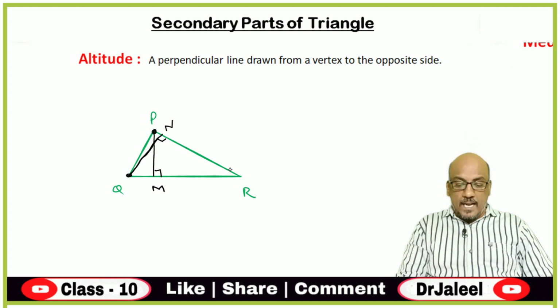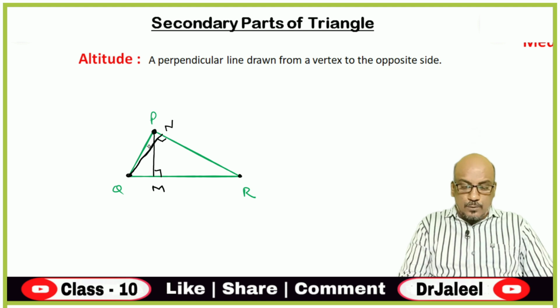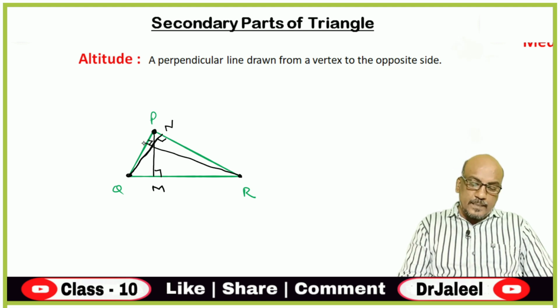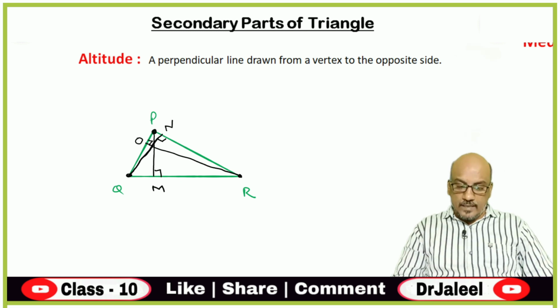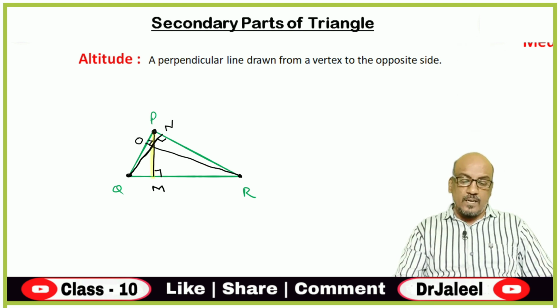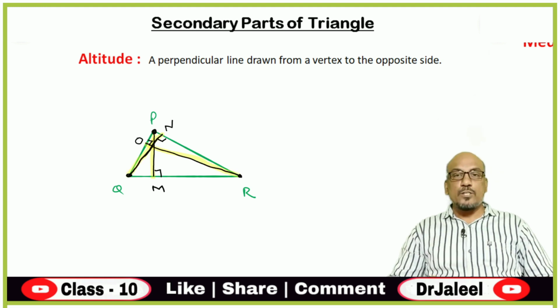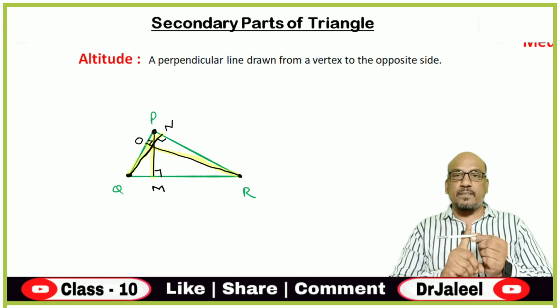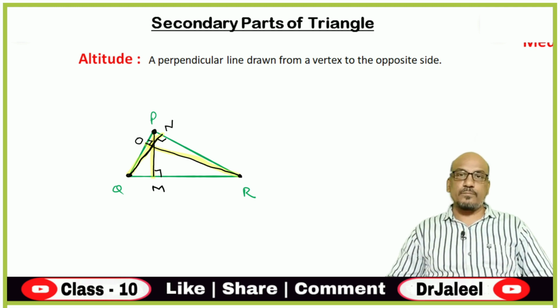You can draw one more altitude from R also. This is going to be an altitude, and let me take it as O. So children, here PM is one altitude, RO is another altitude, QN is an altitude. So for each triangle there will be three altitudes.